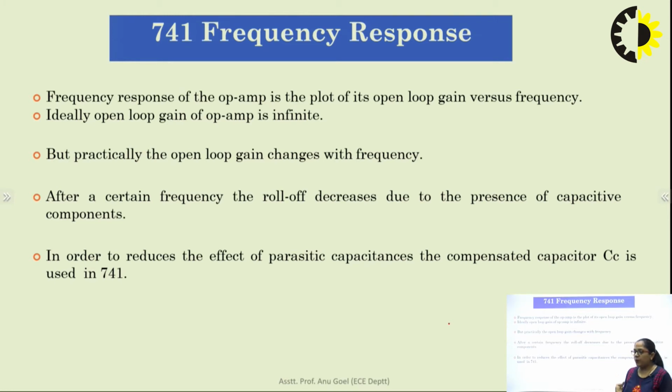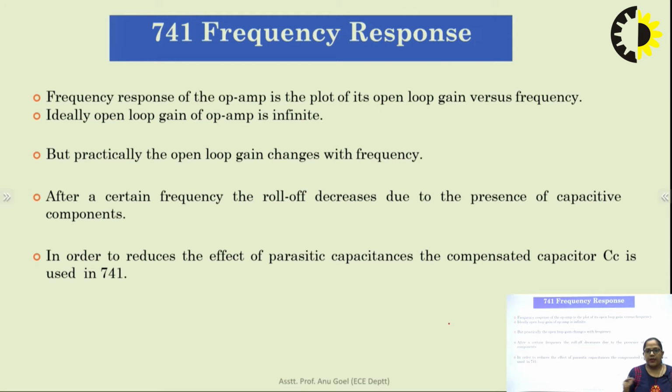The capacitive components are due to the parasitic capacitances formed in the BJTs or due to the connections we are using to connect one stage to another stage. So, these parasitic capacitances are responsible for decreasing the amount of gain with increase in frequency.